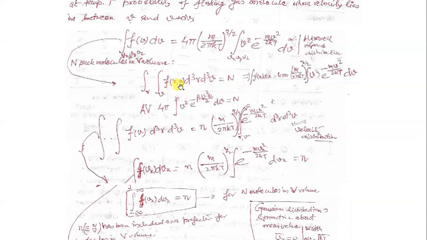So this f_r(v) we can integrate over the possible volume in r coordinate space as well as velocity space. So this is the volume element corresponding to velocity v, and this volume element corresponds to position coordinate r.